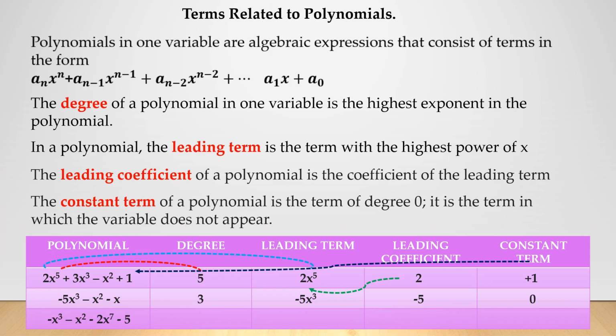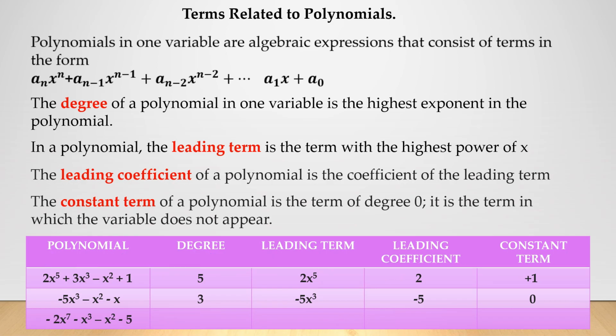So let's have negative x cubed minus x squared minus 2x raised to 7 minus 5. If you are going to identify the terms related to a polynomial, it's better to have your polynomial arranged in descending power of x. So for this one, we can have negative 2x raised to 7 minus x cubed minus x squared minus 5.